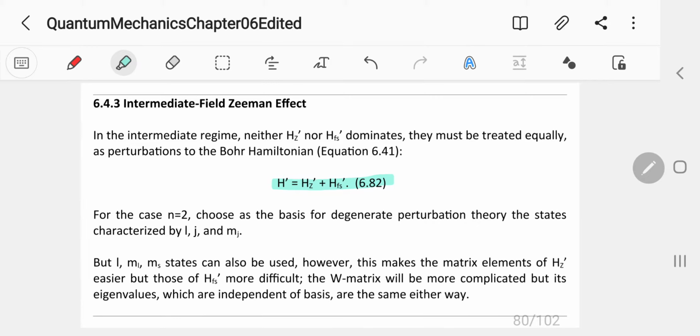For the case n equals 2, we can choose as the basis for degenerate perturbation theory the states characterized by l, j, and mj, but l, ml, and ms can also be used. This one makes the matrix elements of Hz easier, but those of HFS more difficult.